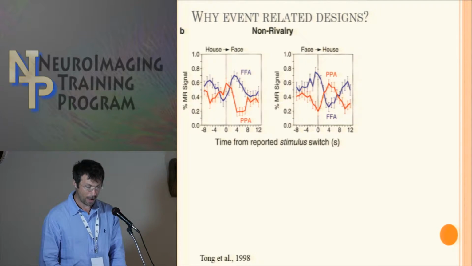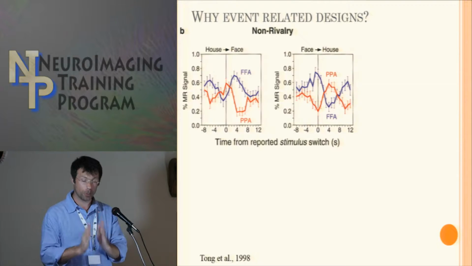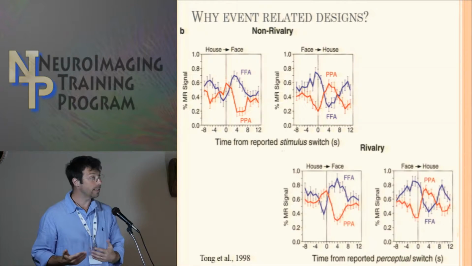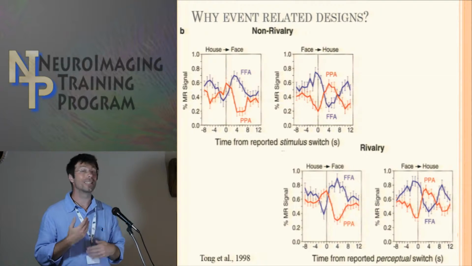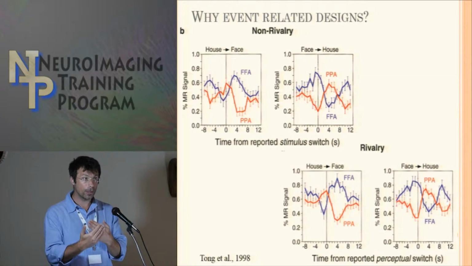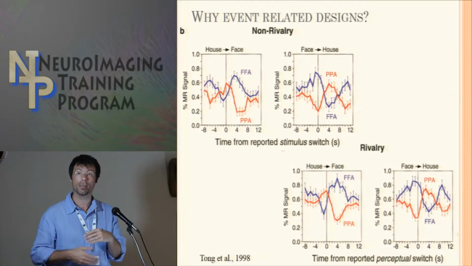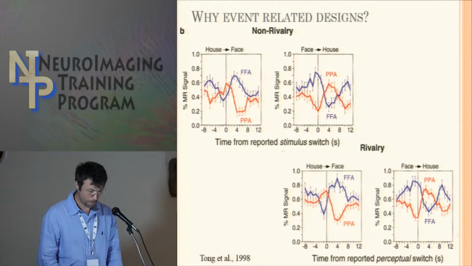In fact, for example, in the yoked condition, when you're actually seeing a house and then flipping to a face, the fusiform suddenly gets really excited and the PPA gets all upset and sad. And the same was true vice versa, right? If you first see a face and switch to a house, the FFA now becomes sad and the PPA suddenly is all excited. Now this is when you're actually perceptually seeing differences.